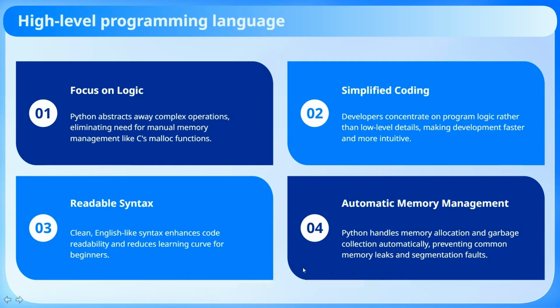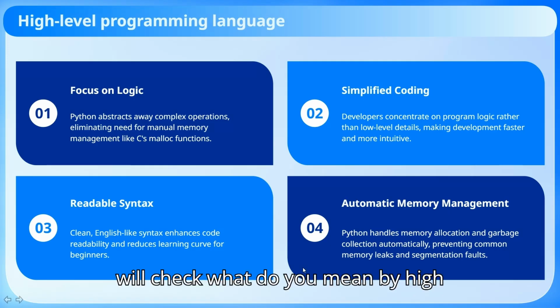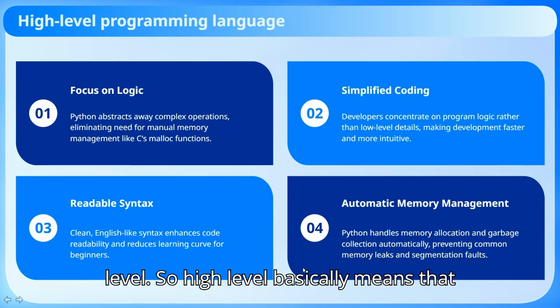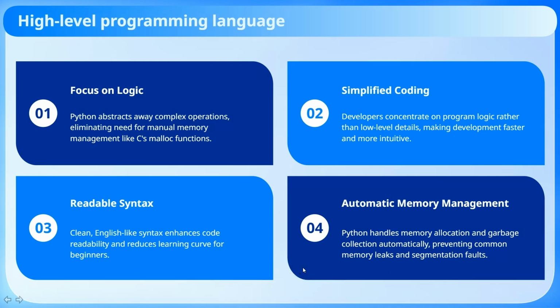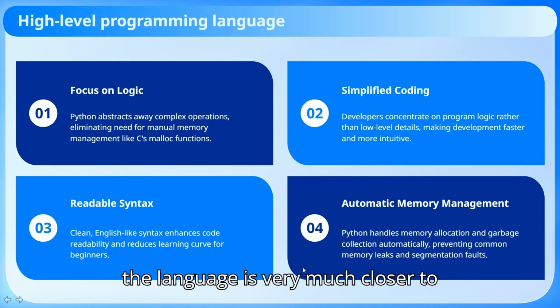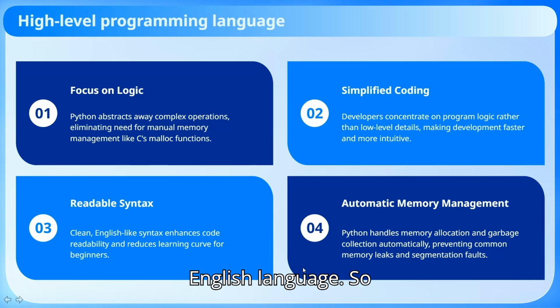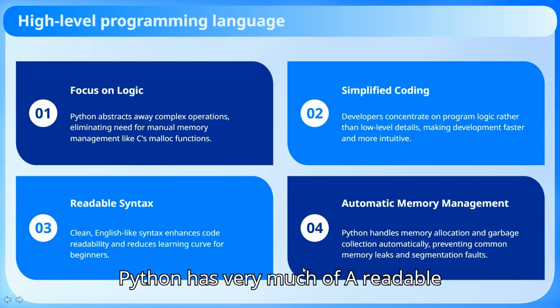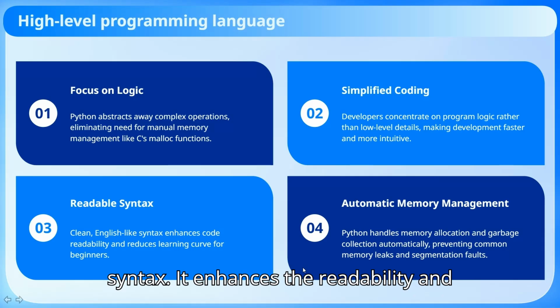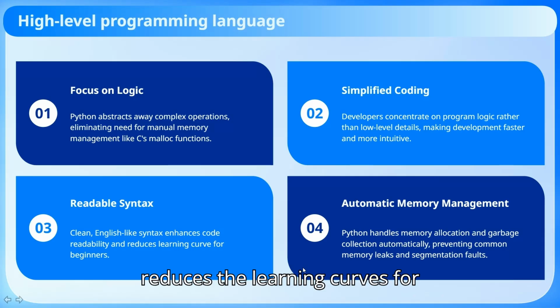First off, we will check what we mean by high level. High level basically means that the language is very close to the English language. So Python has a very readable syntax. It enhances the readability and reduces the learning curve for beginners.